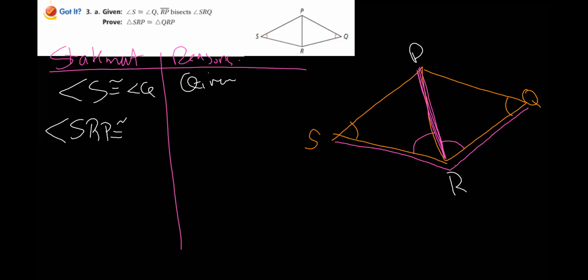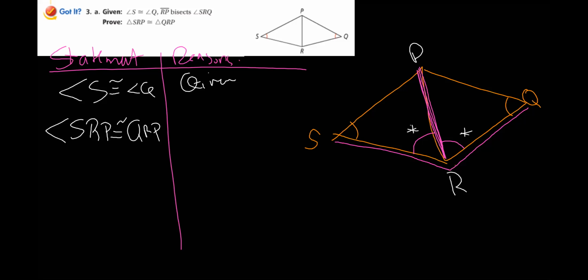QRP. So this angle is congruent with this angle because of what? Because of the bisector. Yes.